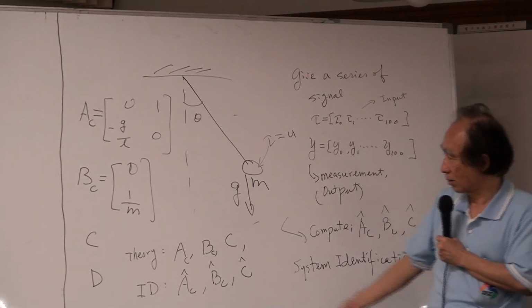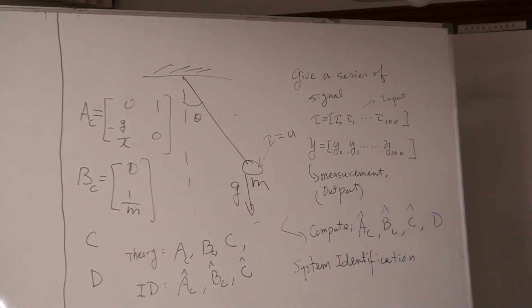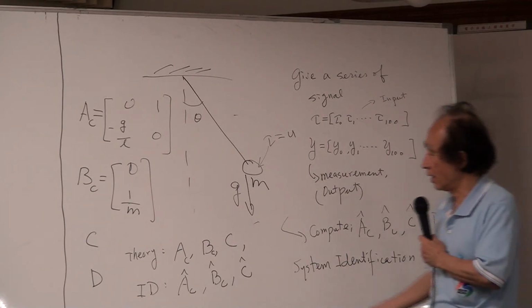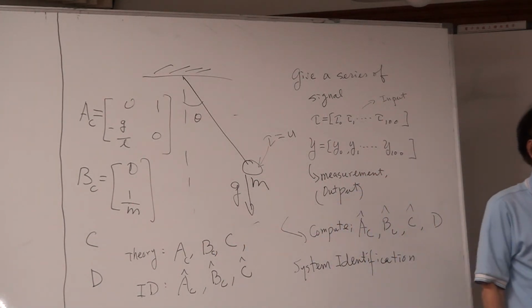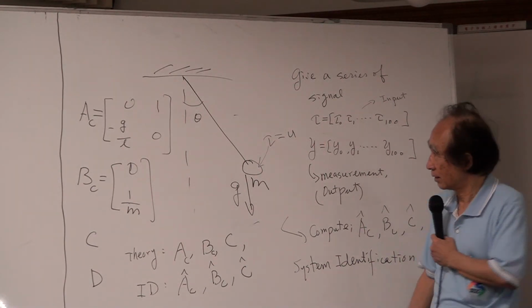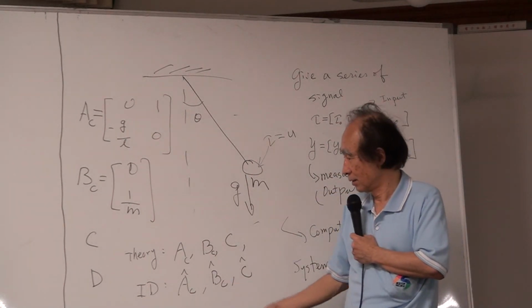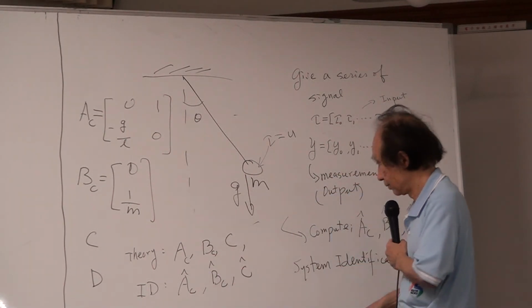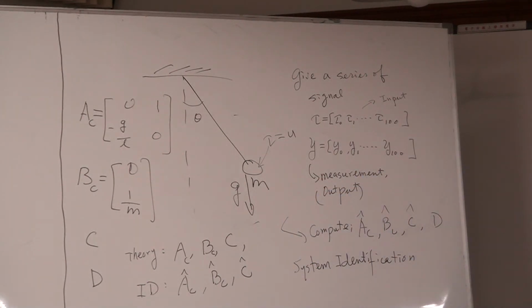So what is the relationship between this and that? What is the relationship between this and that? Those are not unique. We know that. Now what is happening?